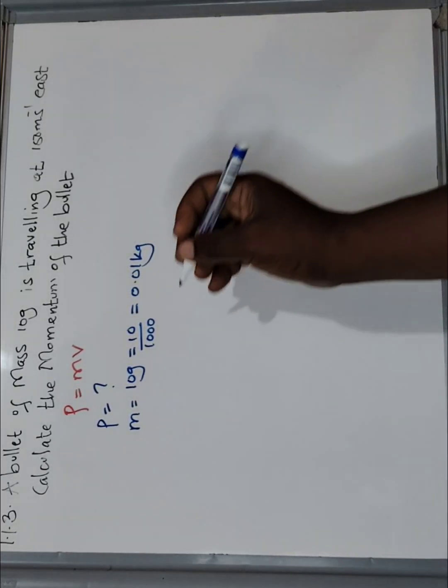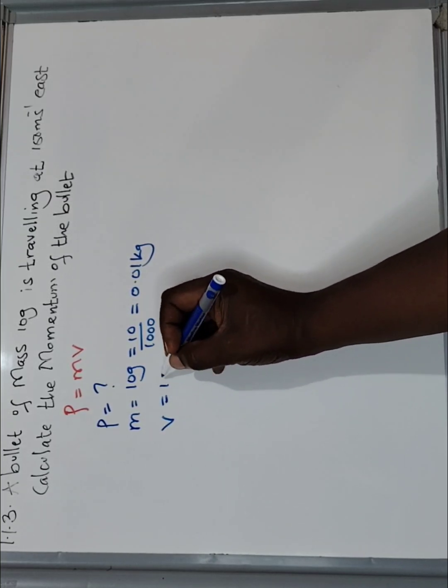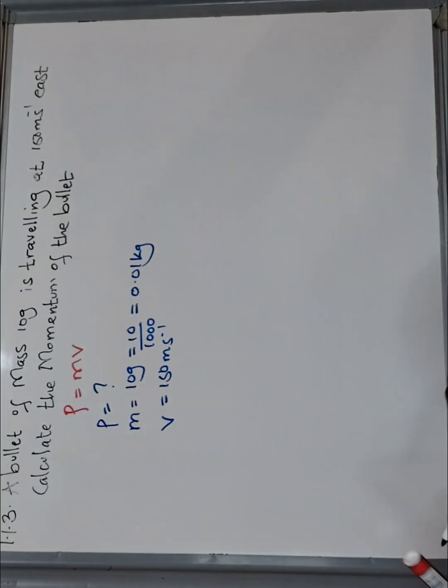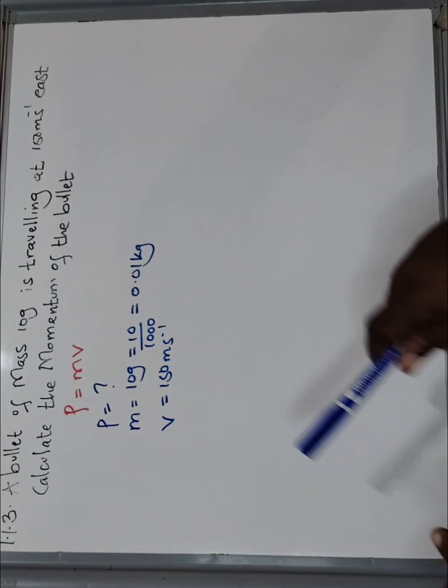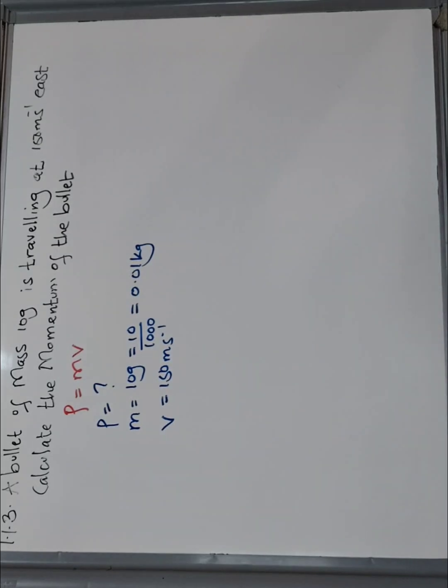Okay, another variable we have is velocity. And the velocity is 150 meters per second. You see this information is related to what you have in the formula. Because you have to remember that being organized is paramount. Being disorganized can cost you the course.